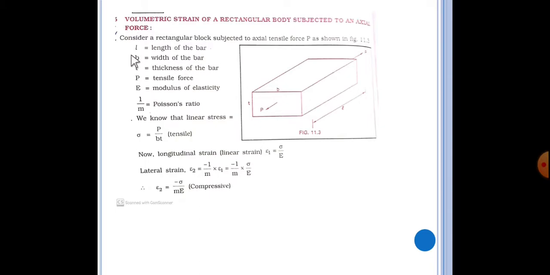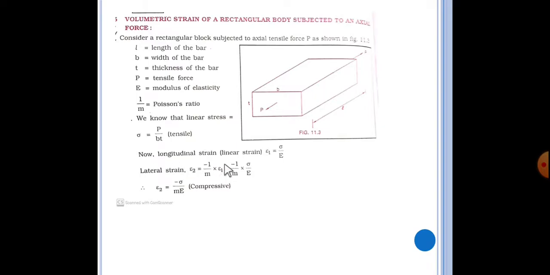Length L, width B, thickness T, P is the tensile force, E is the modulus of elasticity, mu is the Poisson's ratio, also called 1 upon m. We know that stress is equal to P upon A, and the area of this cross section is equal to B into T.